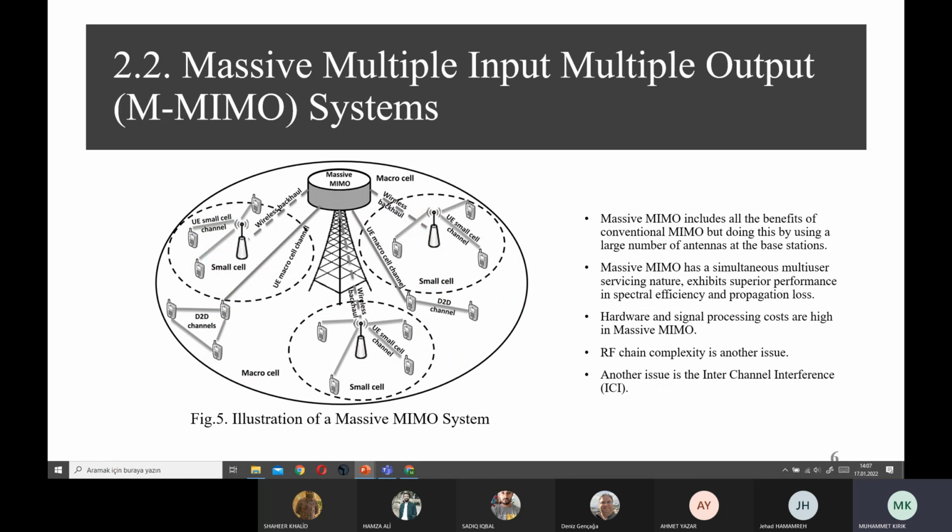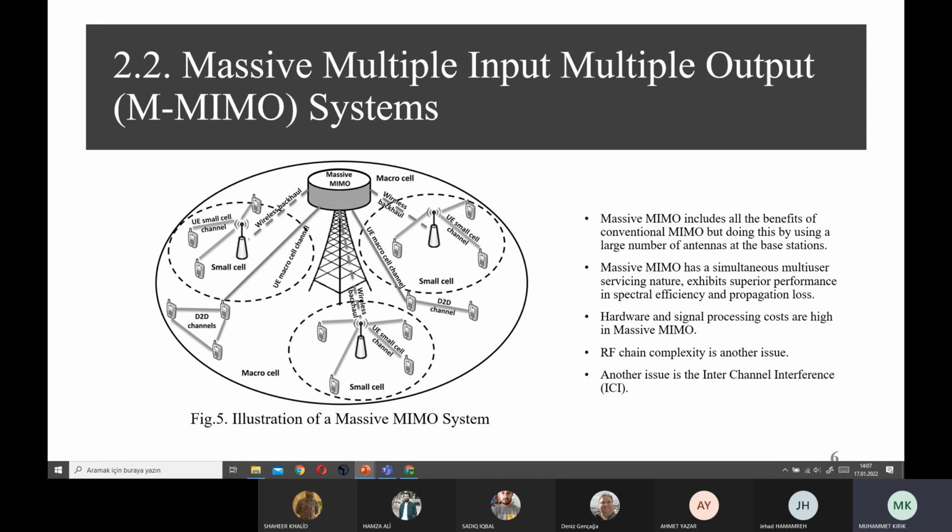The other technique proposed in the literature is the massive MIMO system. It basically includes all the benefits of the conventional MIMO schemes, but it does so with a very, very large number of antennas, like 400, 500 antennas being used at the same time. So this provides us simultaneous multi-user services, because we have a lot of antennas and we cannot use them just for one person.